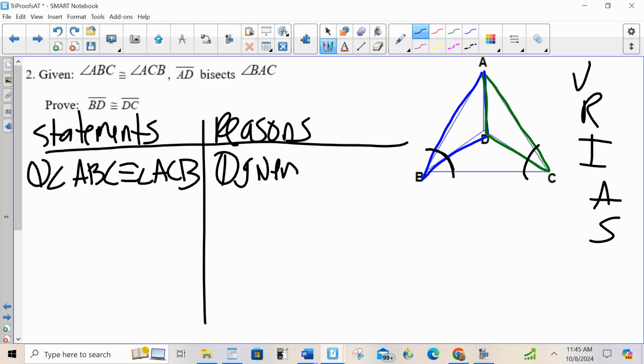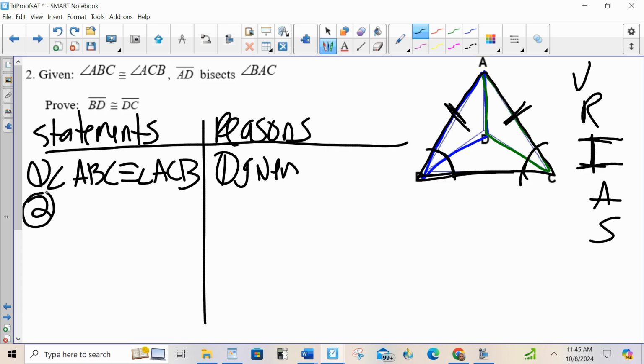No. R, do these angles have anything to do with reflexive property? No. I, do these angles have anything to do with an isosceles triangle? Yes. Oh, yeah. Since I'm looking for an isosceles triangle, I see it. And if those two angles are congruent, then the two sides opposite them are congruent, and those sides are sides of the triangles I'm trying to prove.